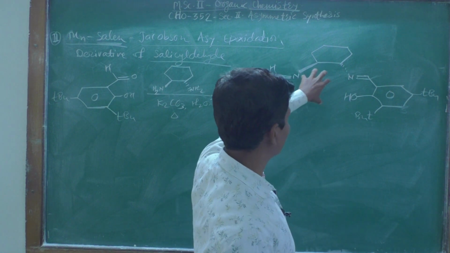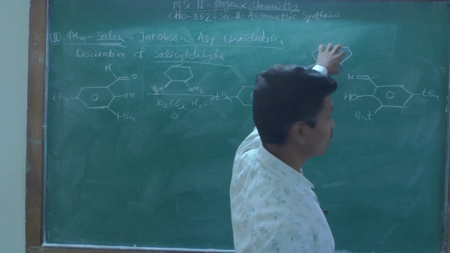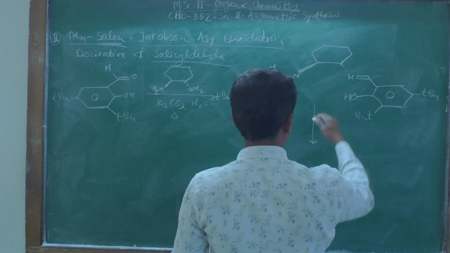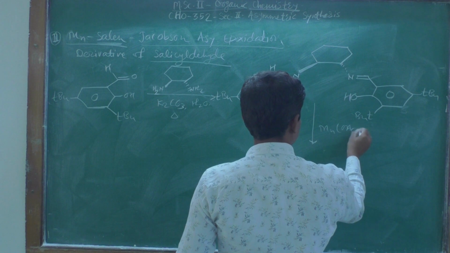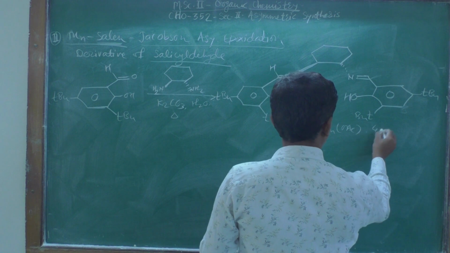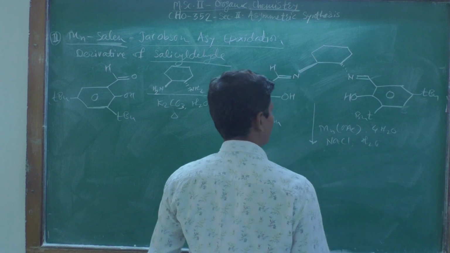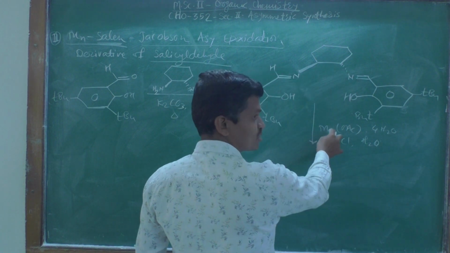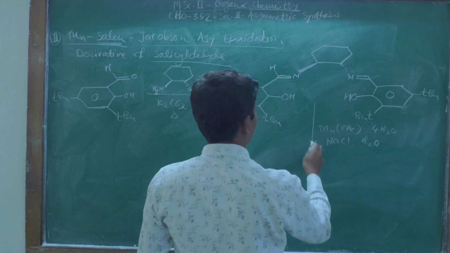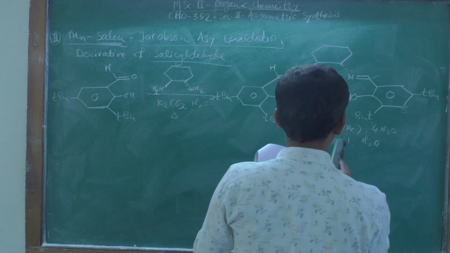So a cavity is formed by the reaction between two molecules of this derivative and one molecule of this diamine. When we treat this moiety with Mn(OAc)2, manganese acetate, in which manganese is in the plus 2 oxidation state, as the tetrahydrate, and sodium chloride in water, what will happen? The transition metal manganese gets flanked in this cavity, forming the stable manganese salen catalyst.